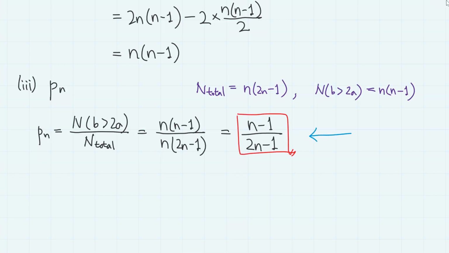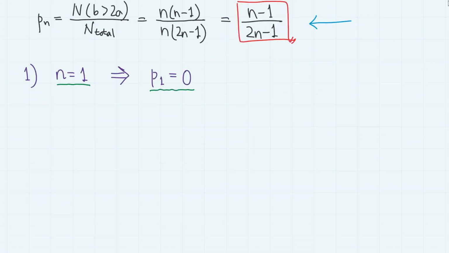If we take a closer look at this expression, we can notice several things. First, if n equals 1, then we have P1 equals 0, which is quite obvious if you think about it. Next, Pn can also be expressed as 1/2 times (2n minus 2) divided by (2n minus 1).